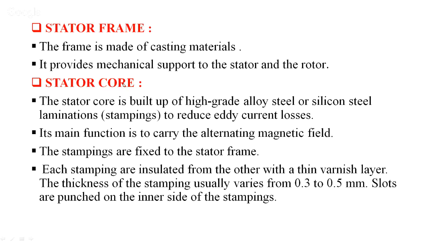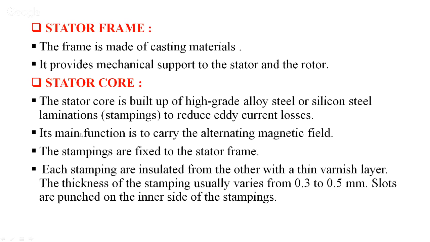The stator core is built up of high-grade alloy steel or silicon steel laminations or stampings to reduce the eddy current losses. So very thin laminations of around 0.35 mm to 0.5 mm are cut in silicon steel. A number of them are stacked together and they form a solid stator core.